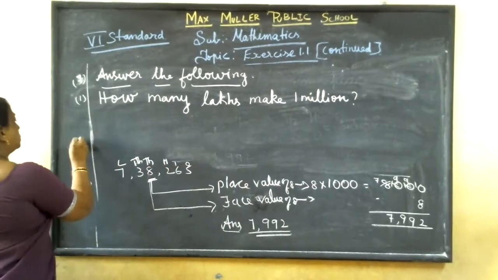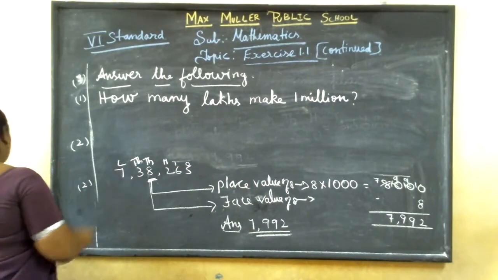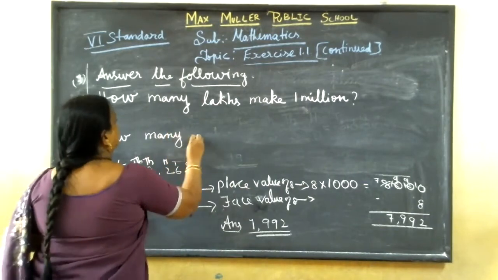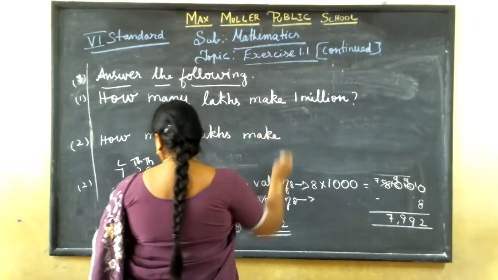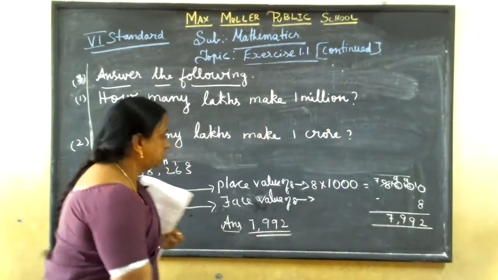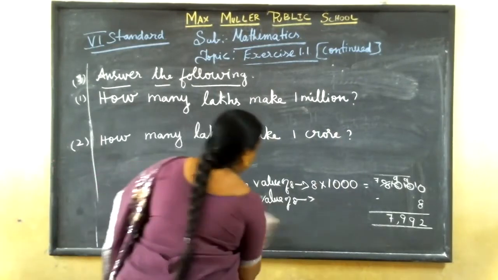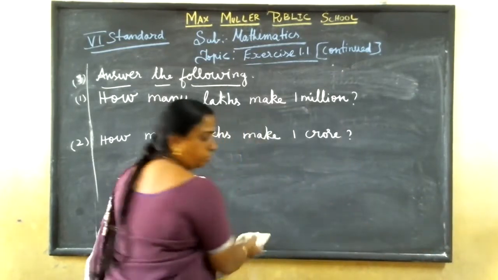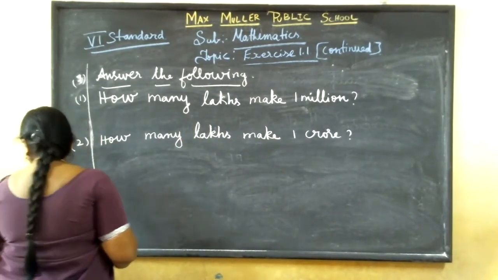Second one, how many lakhs makes 1 crore? Then third one, question number 3. I'll do all 4 sums, students, then you can understand easily.